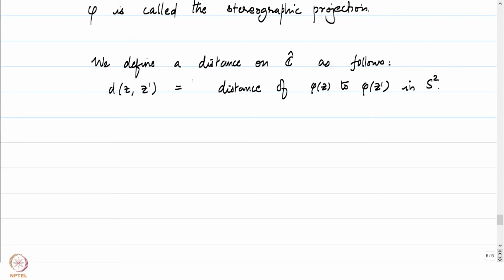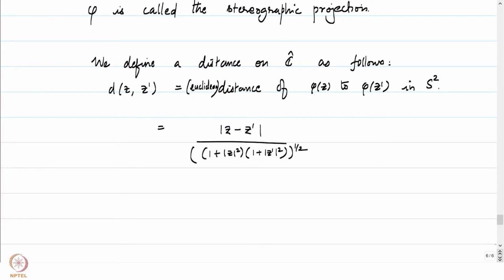So this distance is the Euclidean distance. Let me just write it here. And the explicit expression is just going to be the following. This is going to be equal to mod of z minus z prime divided by (1 plus mod z square into 1 plus mod z prime square) to the power 1 by 2.